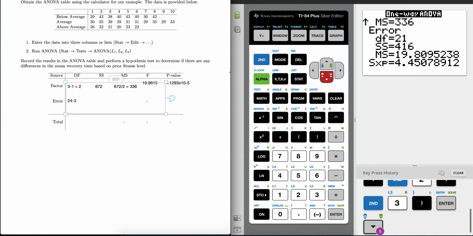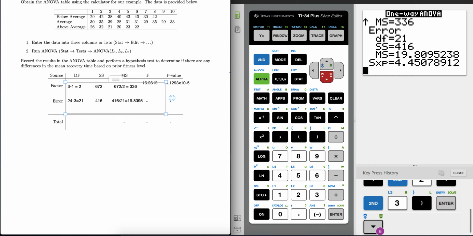We had 3 fitness levels, which is where they're getting that 21 degrees of freedom for the error term. The sum of squares for the error term, they give us 416. The mean squares for the error term, they give us 19.8095. And a reminder of how they got that, that's our sum of squares, 416, divided by the degrees of freedom, 21.